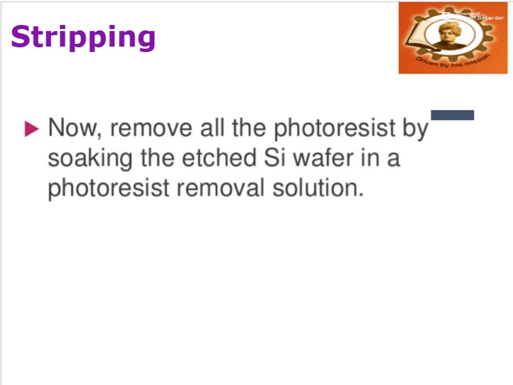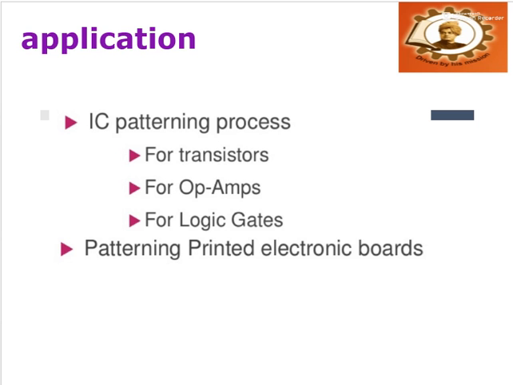So this is all about our photolithography process, and it is widely used for IC patterning, for example for transistors, op-amps, logic gates, and some patterned printed electronics boards for systems. Lithography plays a vital role.